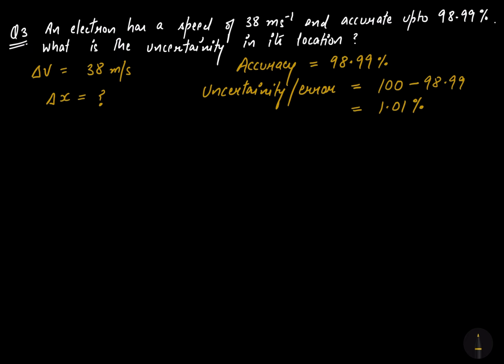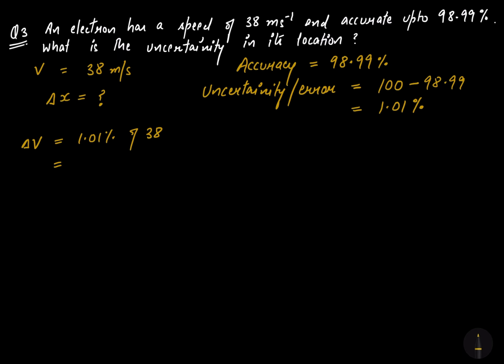So first of all, let us evaluate delta v. Sorry, it is just a velocity, that is 38 meters per second. We have to evaluate the delta v. Now we know that the uncertainty in the velocity is 1.01% of 38.